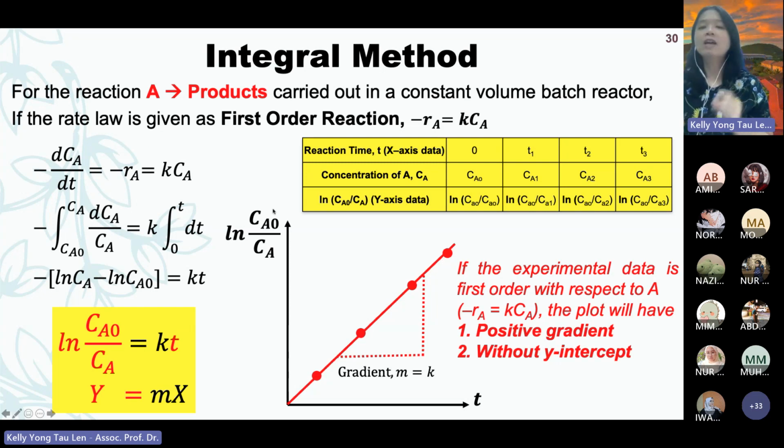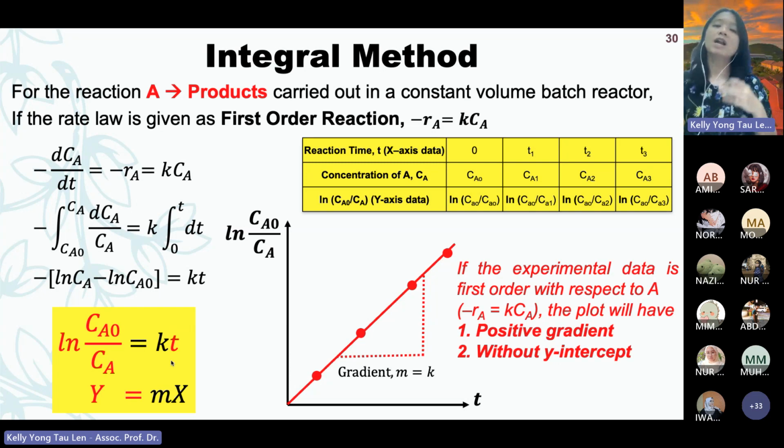Right. So if and only if your reaction is first order, your plot will fulfill two requirement. The first requirement, dia mesti positif punya slope. So again, why? Tengok equation pun dah tahu kan, depan K tu tak ada nilai negatif, right? That's why your slope must be a positive slope. Let's say if your tindak balas is not first order, you plot, you may not get a positive gradient.